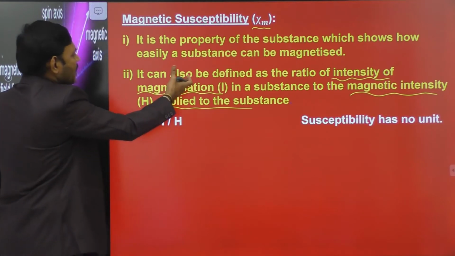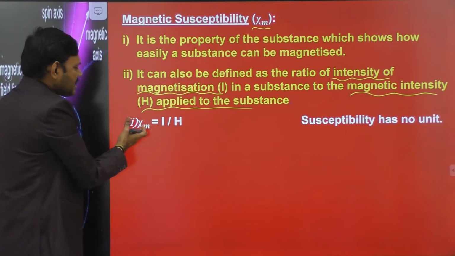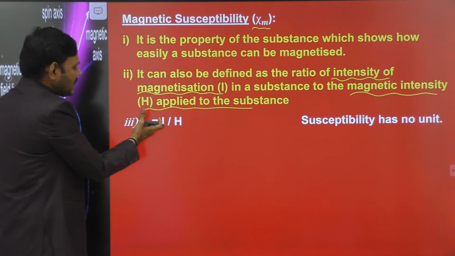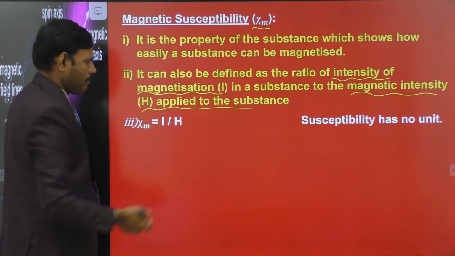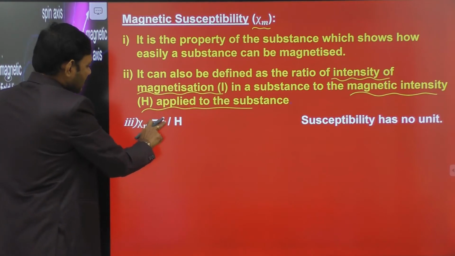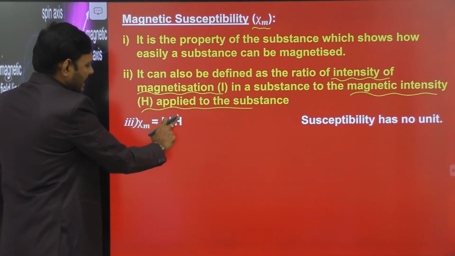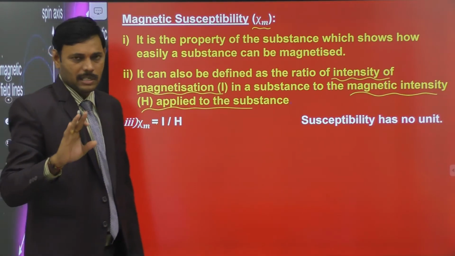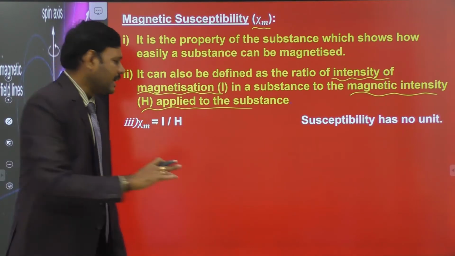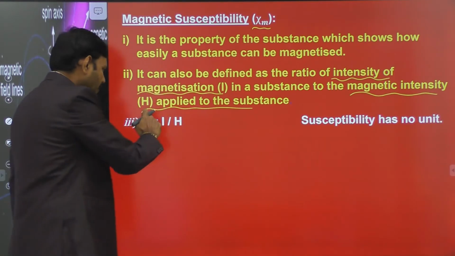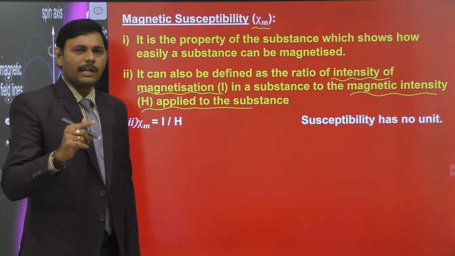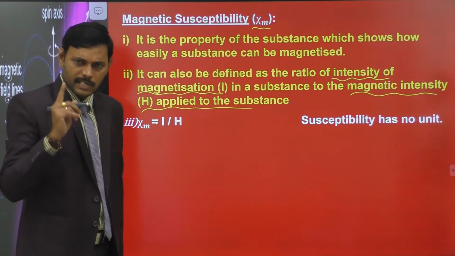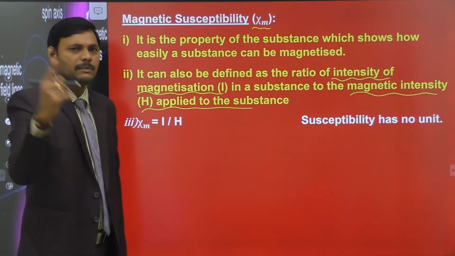That's why, according to this definition, the magnetic susceptibility is the ratio of intensity of magnetization to the magnetic intensity, I by H. Already I explained that H and I have the same units, ampere per meter. Magnetic intensity is H, intensity of magnetization is I. Both physical quantities have the same units, so the ratio doesn't possess any units.